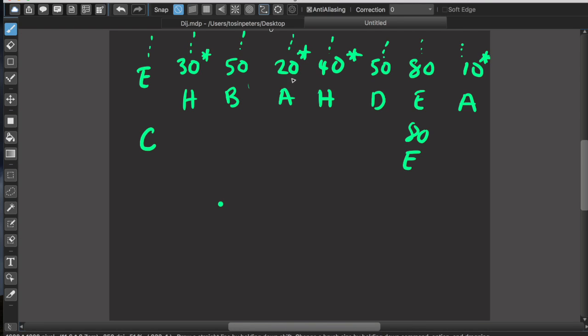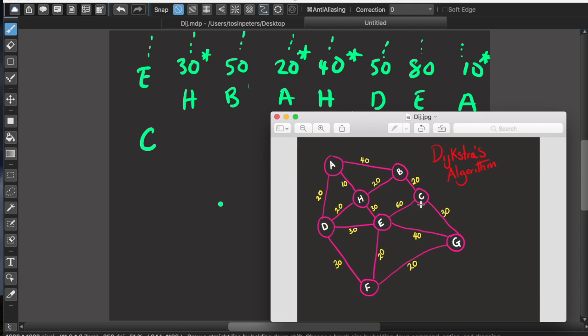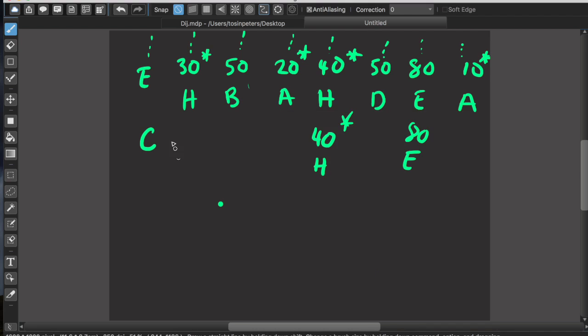So E was 40. Bring that down and put it back. C to B is 70. We're gonna pass on that too because that's just too much for us. Can't take that offer.